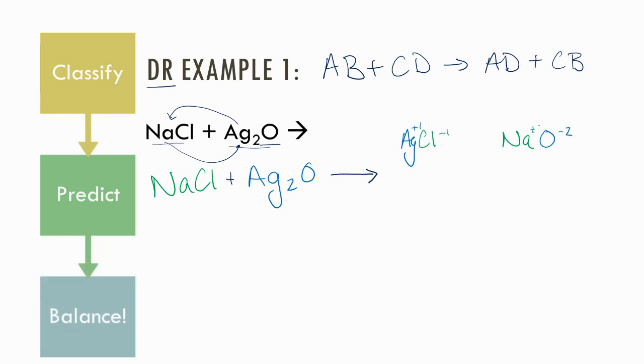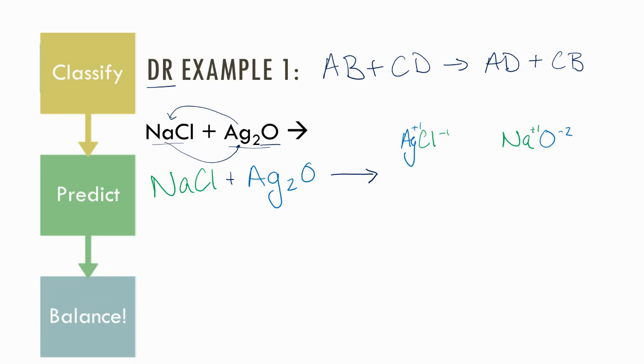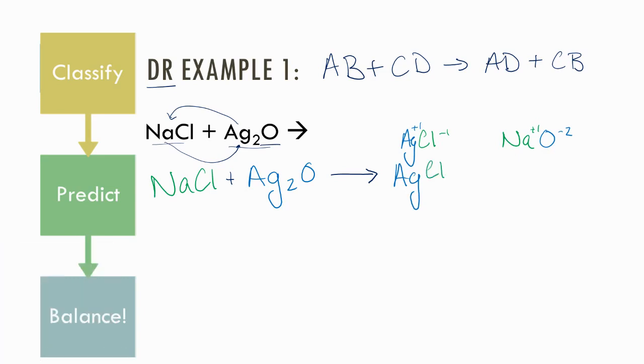Notice I'm writing these a little bit above where my products would go. Ag is a +1, Cl is a -1, so this is going to be AgCl. They're going to form a 1-to-1 ratio in that compound.